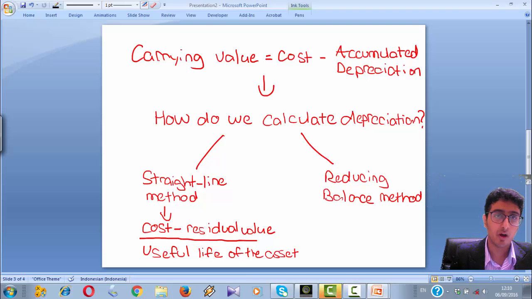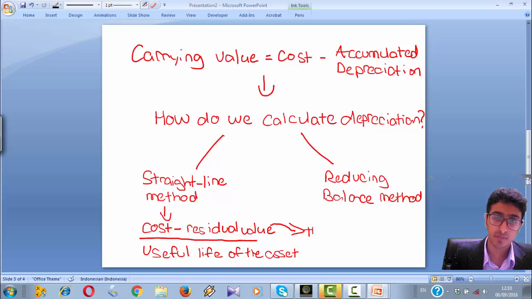Okay, now what is cost? Cost is the amount we are going to capitalize in accordance to IAS 16. We have learned from the previous slide what the types of costs we will capitalize are, such as purchase price and professional fees, testing costs, and other things. Now, what is residual value?